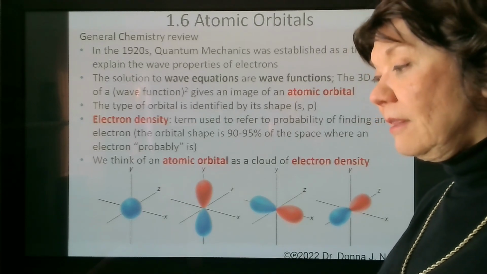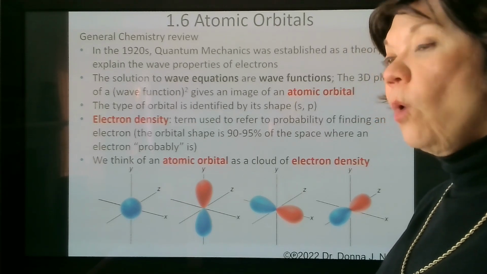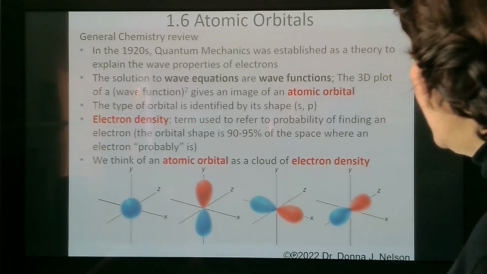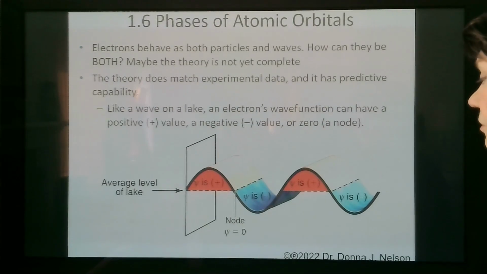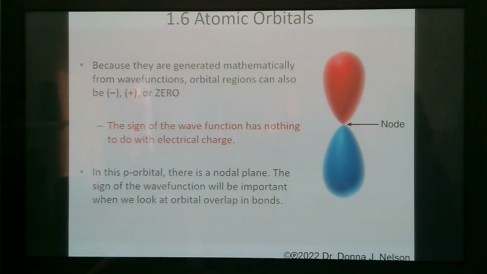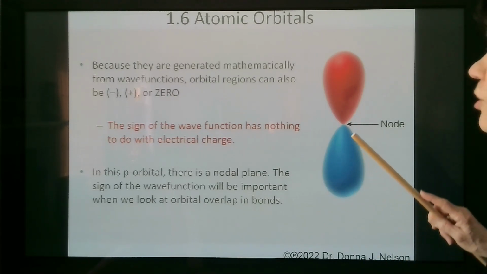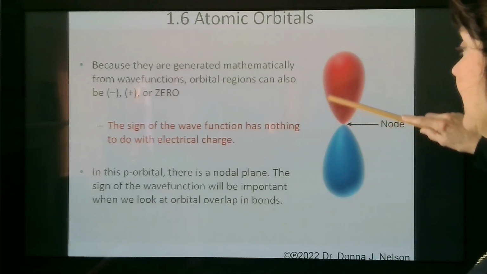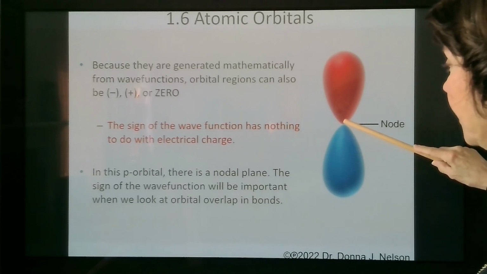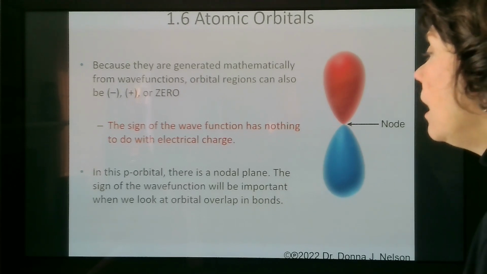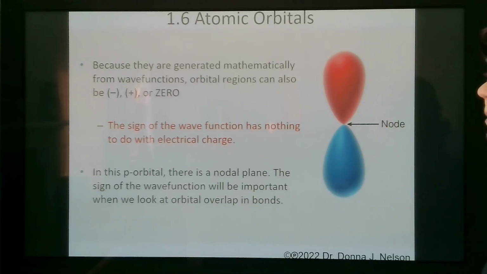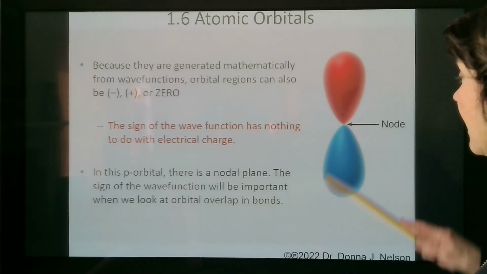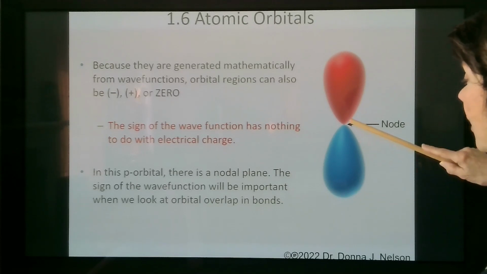So hence the wave nature and the particle nature of the electrons. The orbital regions can also be negative or positive or zero. The zero will be at the node. This has nothing to do with whether you have a carbocation or a carbanion. This is just the region of space.